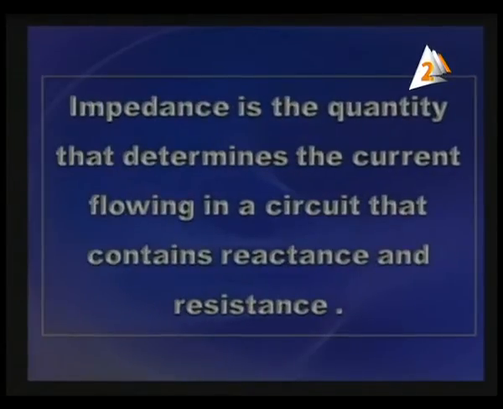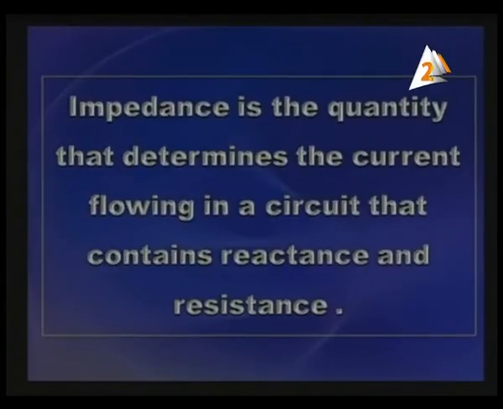We've got important hints. The definition of impedance: it is the quantity that determines the current flowing in a circuit that contains reactance and resistance. Let me say it again.